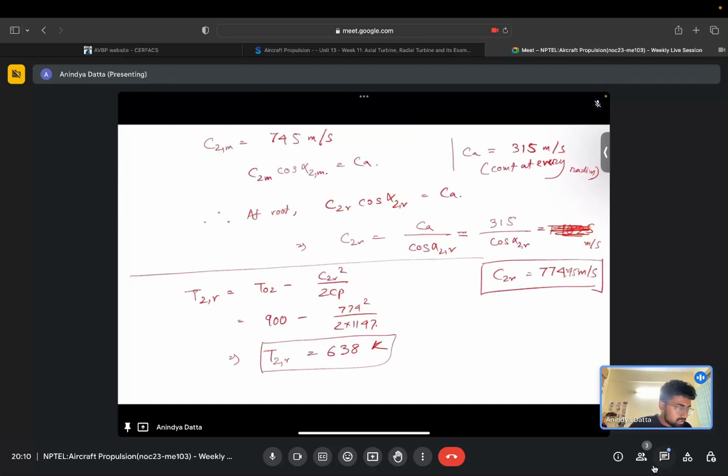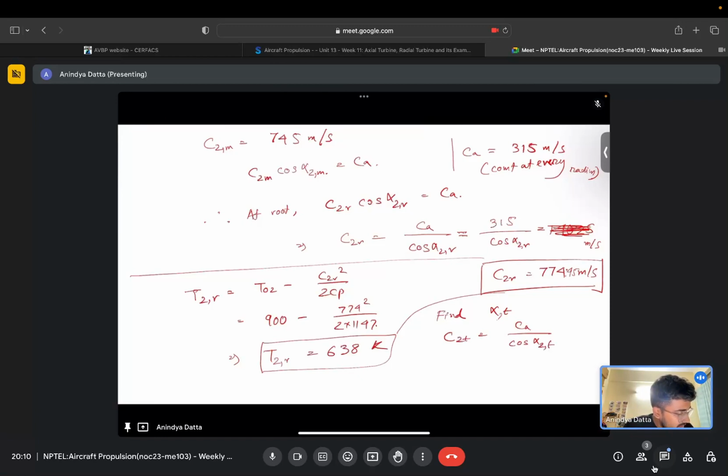That's how we get it here at the root. Now the next step is, if we find alpha at tip, then we can find C2 at tip as Ca by cos alpha 2t.